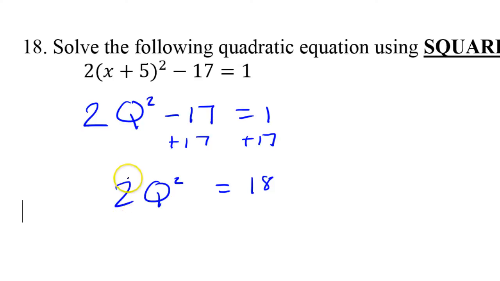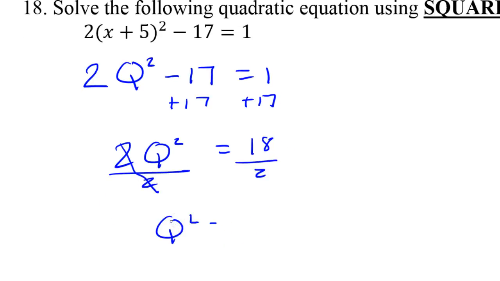Again, I don't want to distribute. So if I look at this like a q, what would I do next? Most kids will tell me, well, I would divide by 2. And that will give you q squared is equal to 9. So look what we did. We added 17 to both sides and we divided by 2.